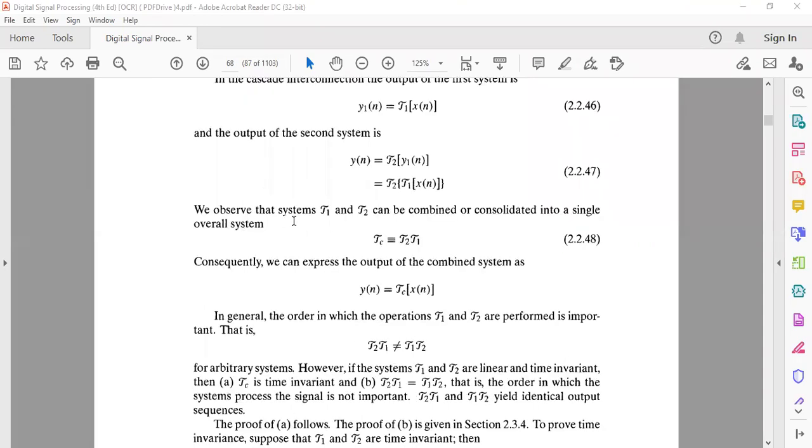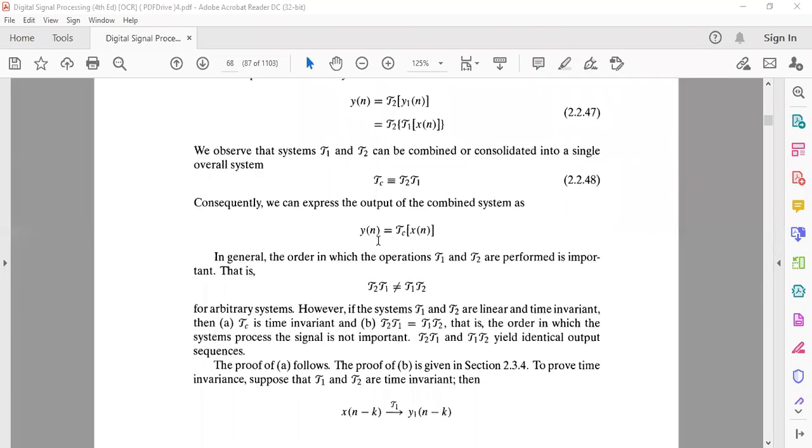We observe that systems T1 and T2 can be combined into a single overall system, so that Tc will be T2 T1. Consequently, we can express the output of the combined system as y(n) equal to Tc of x(n), where Tc is T2 times T1. In general, the order in which the operations T1, T2 are performed is important, since T2 T1 is different from T1 T2.